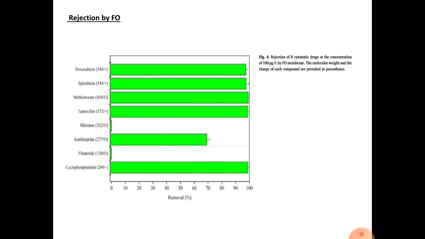This slide shows the rejection of the drugs by the forward osmosis membrane, how the cytostatic drugs can be removed by the forward osmosis membrane. It can be seen in figure 4 that 8 cytostatic compounds were removed by the forward osmosis membrane.